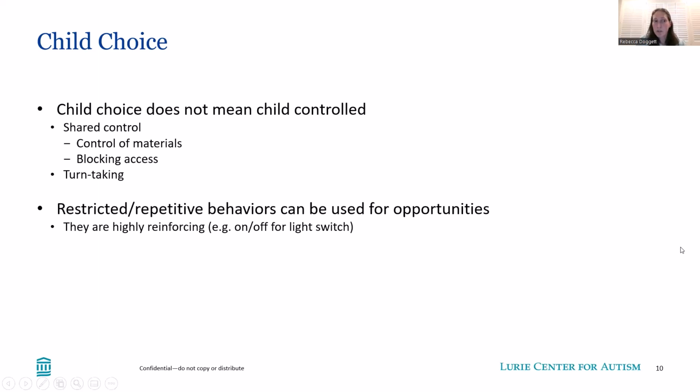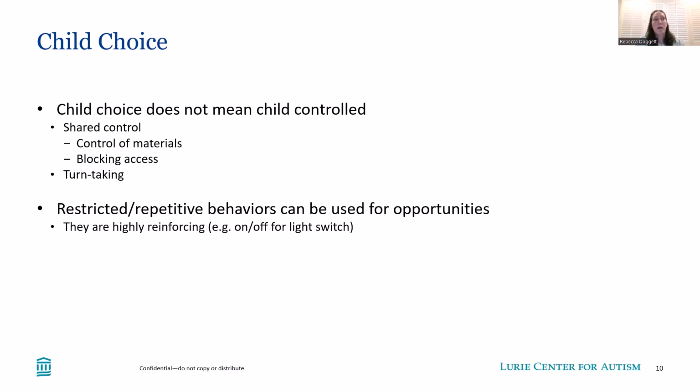You can also use a child's restricted or repetitive behaviors as opportunities for learning language. And this sometimes is an idea that hasn't struck a lot of people, because sometimes we see those repetitive behaviors as interfering or as challenging to get them to move on from.